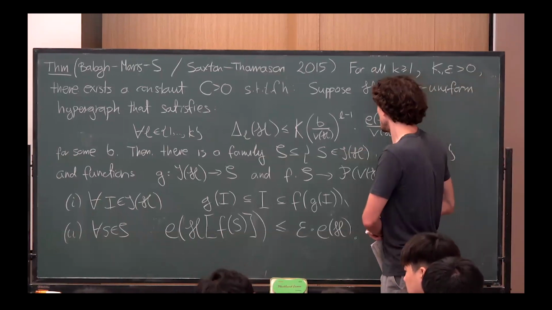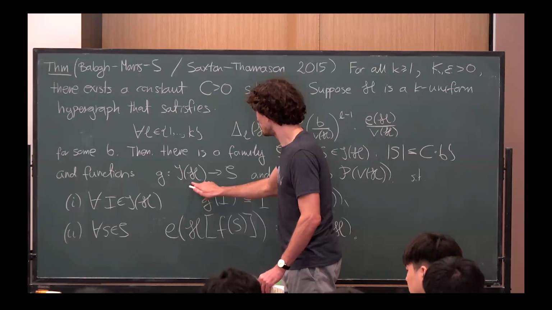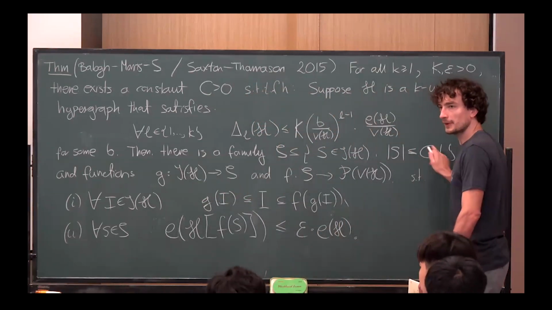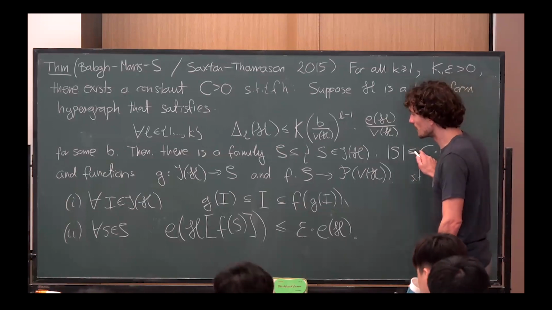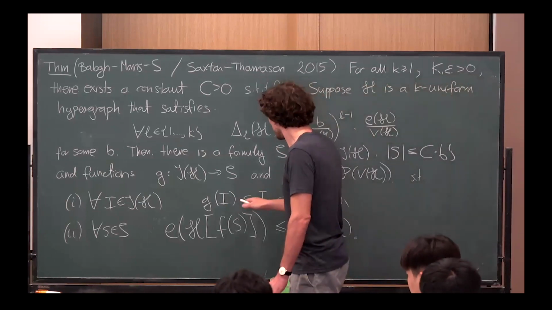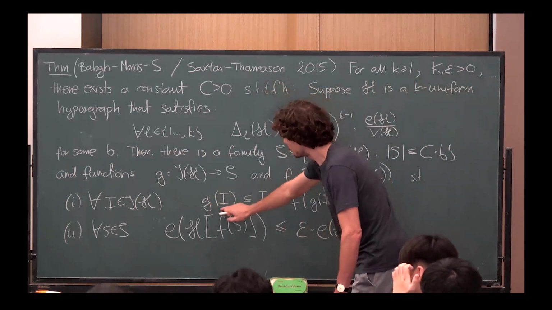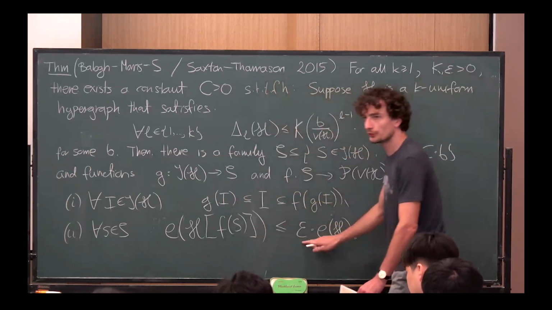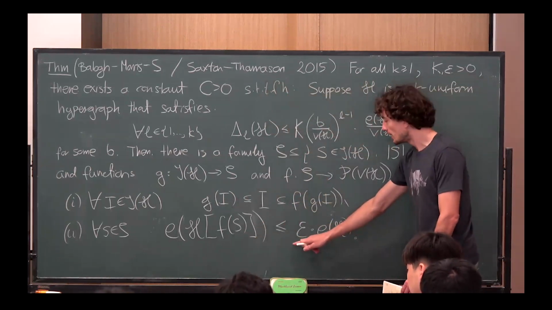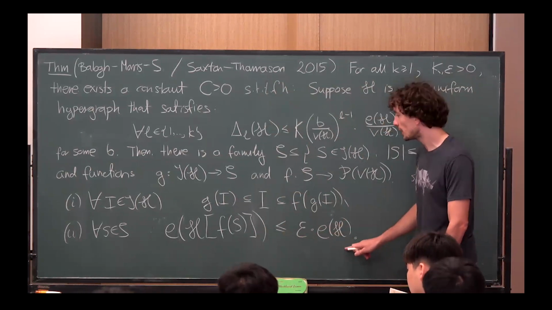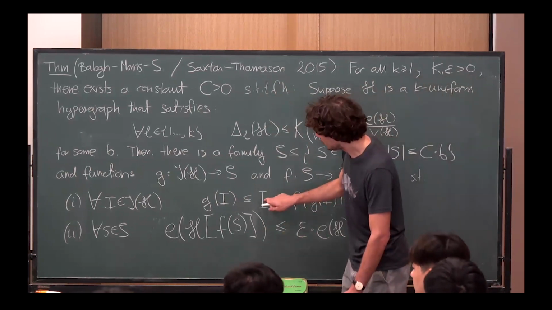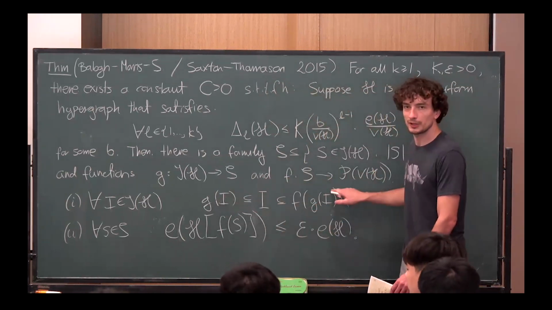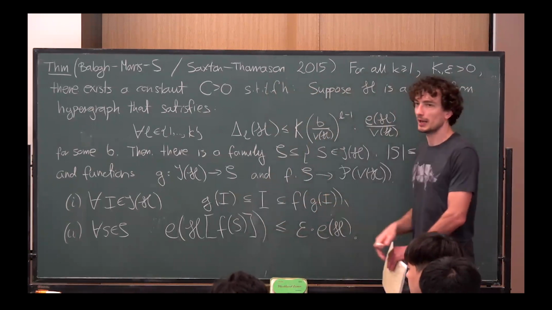And the conclusion is that we are able to label every independent set in the hypergraph by its subset of a relatively small size in such a way that to every label we're also able to find a subset which is almost independent, in the sense that it induces only an epsilon proportion of all the edges of the hypergraph. So this independent set is sandwiched between its label and this almost independent set that depends only on the label.